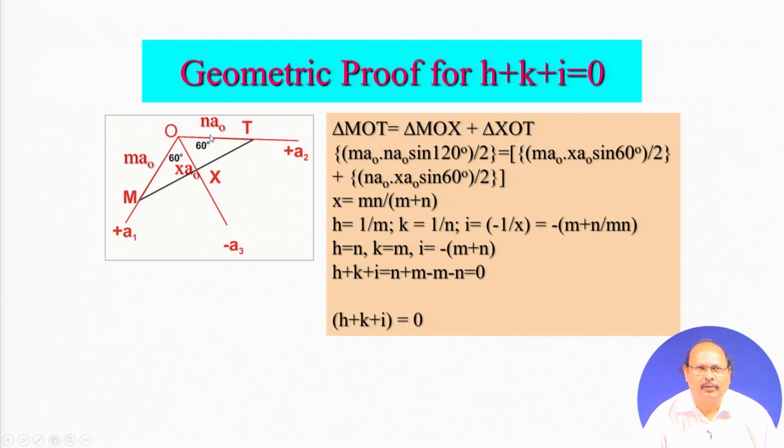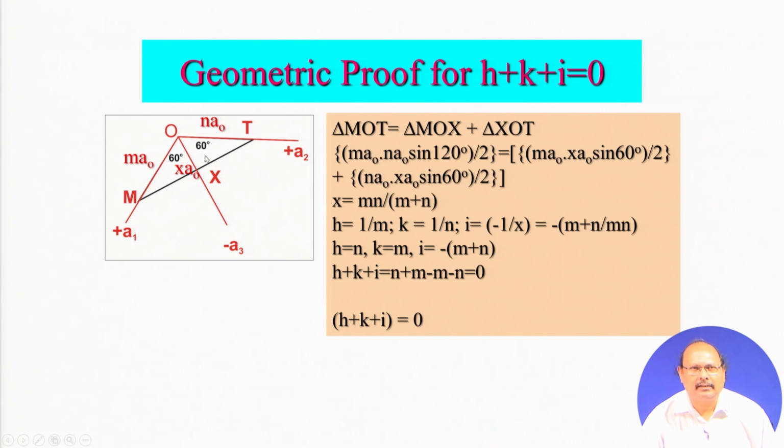And we also know that the angle OM makes with OT is 120 degree and the A3 direction bisects A1 and A2. So, this angle MOX is 60 degree and TOX is 60 degree. If we have this broad idea, then let us make an equality here.